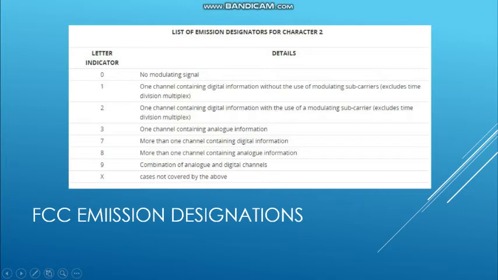This is the second symbol, the list of emission designators for character 2, or symbol 2.